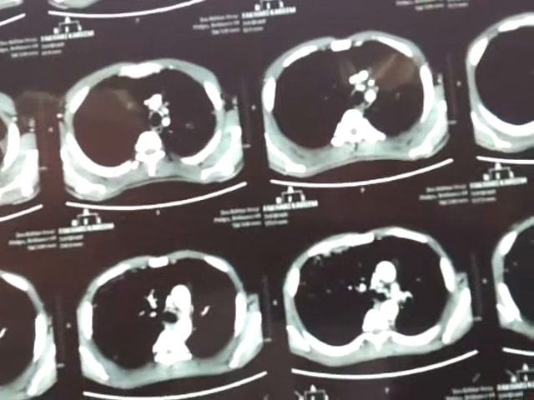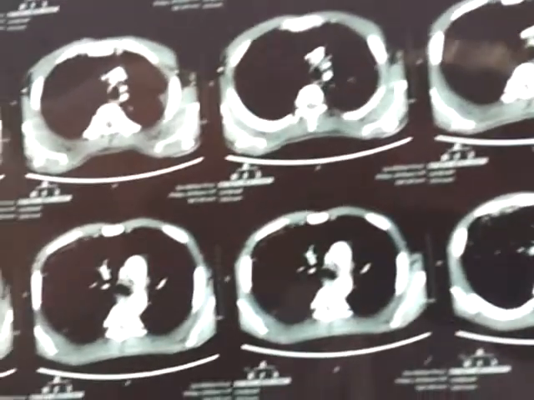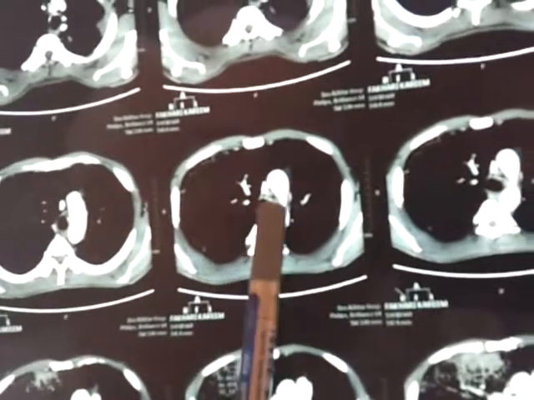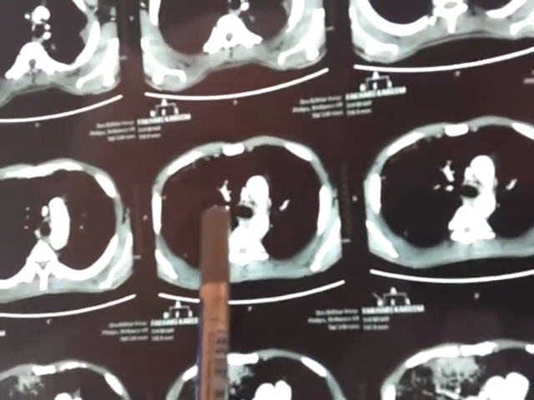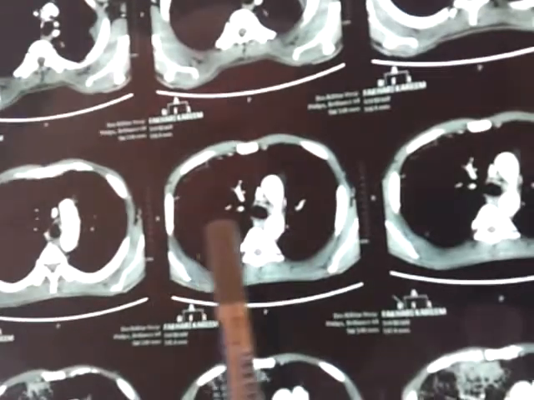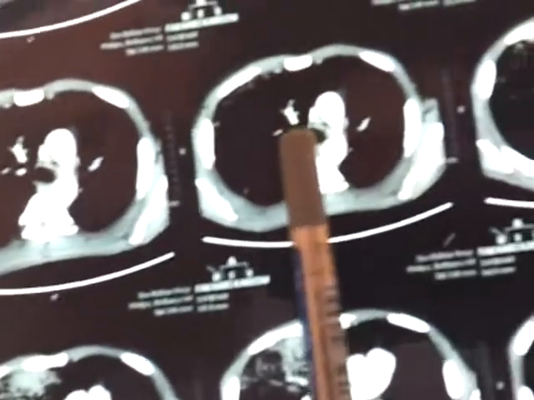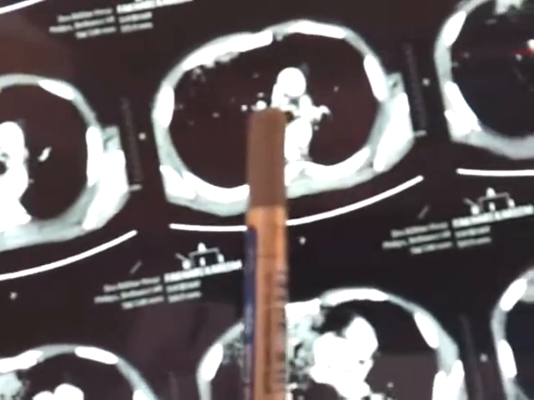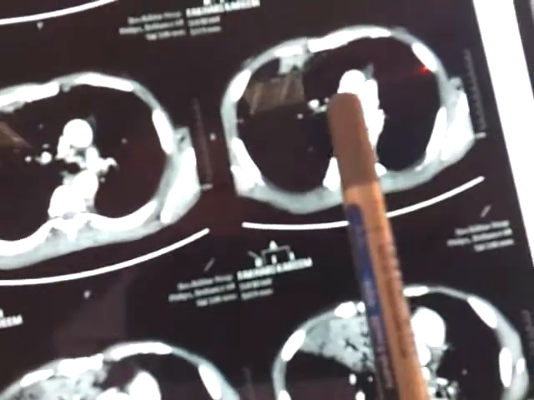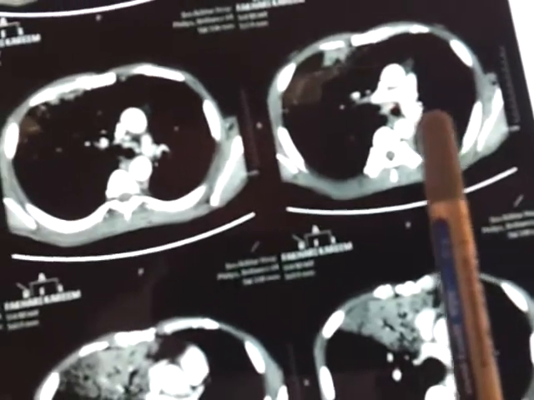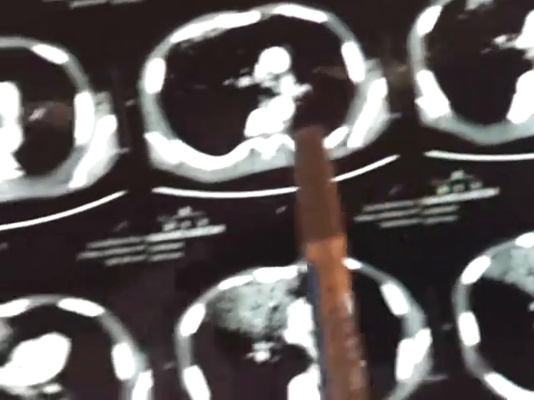This is the arch of aorta, and this is the arch of aorta also. This is the trachea, and here we are reaching the carina. Still we have the arch of aorta, the carina there is obvious. And this is the pulmonary artery, the main pulmonary artery, with the left branch and right branch.